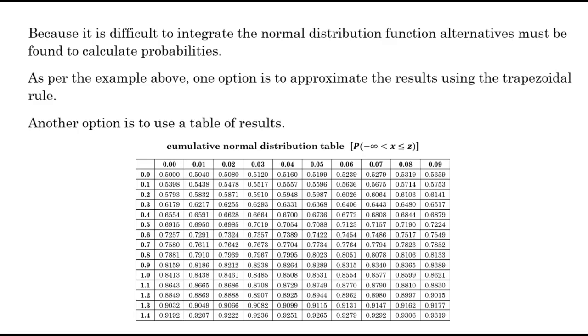So it's 0.5040, and so on. If I go up to, right, this table's only going to 1.49 standard deviations, but you can see that's encompassing about 93% of the area under the curve already. So sometimes we use a table of results.